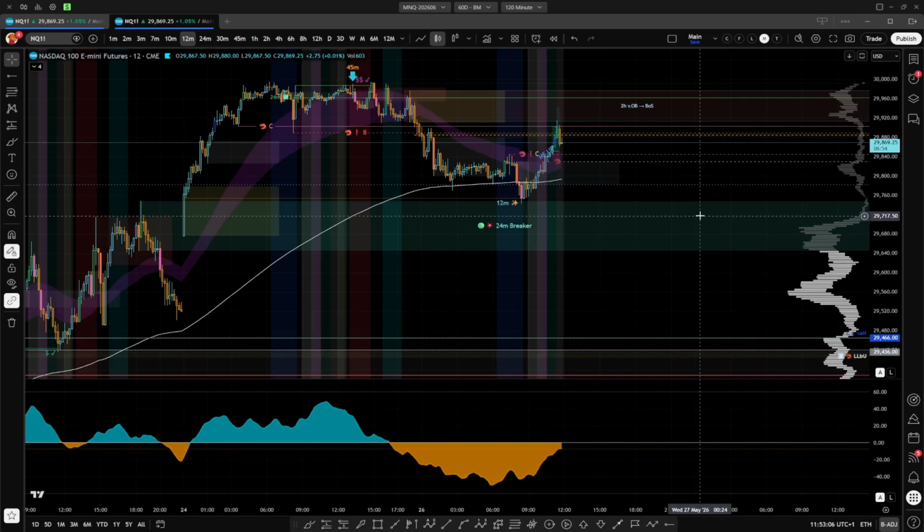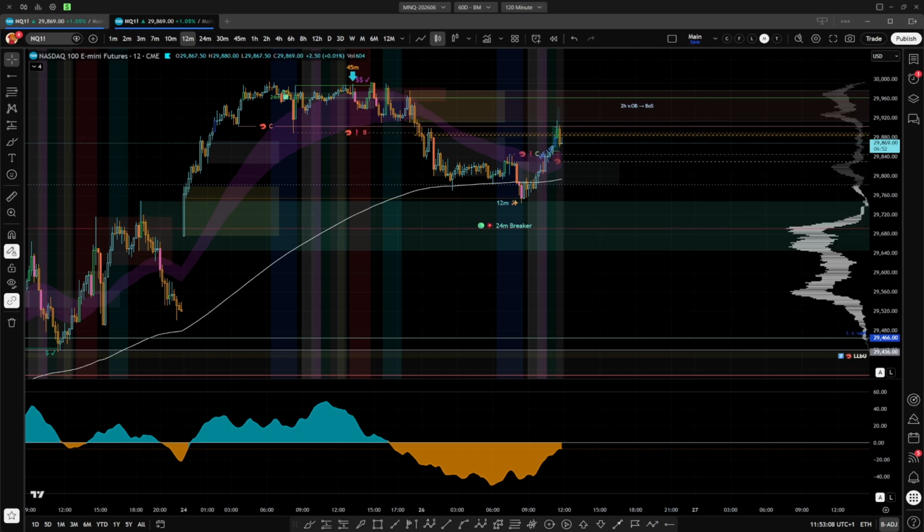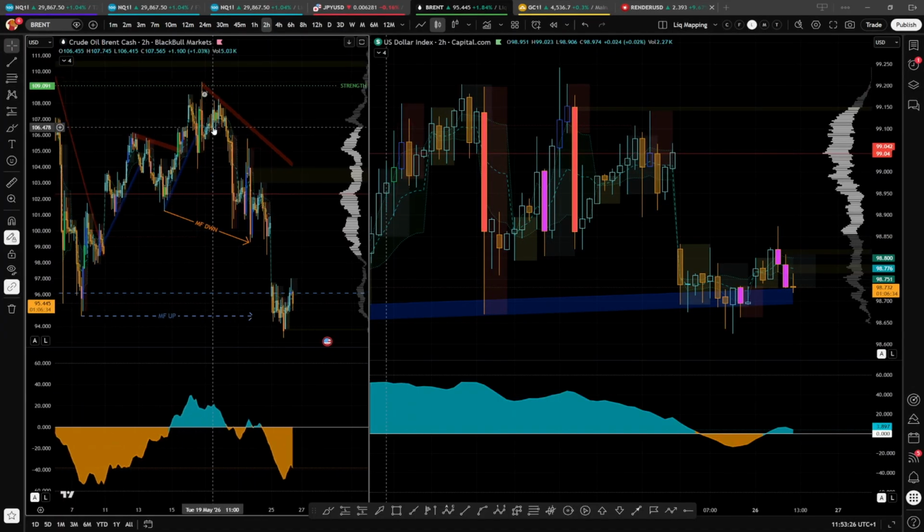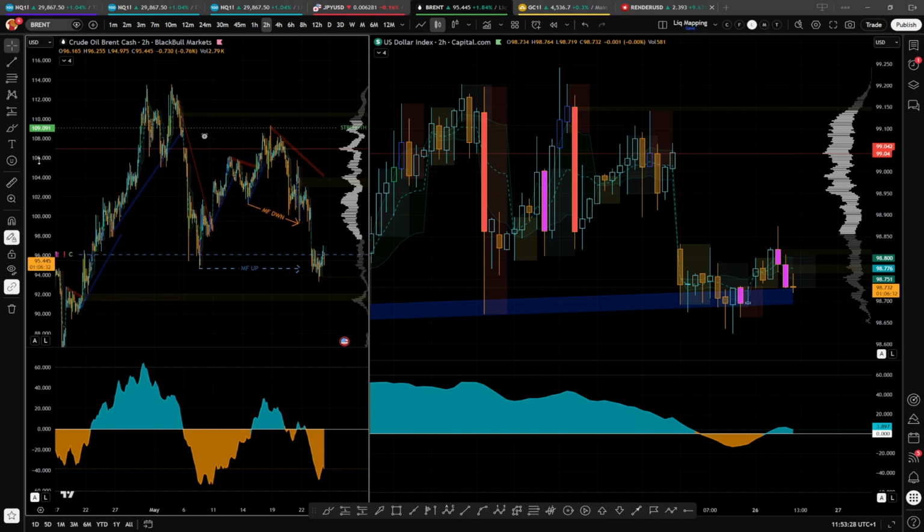All right, that's NQ. What about other markets? What is NQ reacting to in general? Well, not much other than earnings and just moving up. Let's have a look up here. Actually, I'm going to bring this down. This here is oil, on the left.